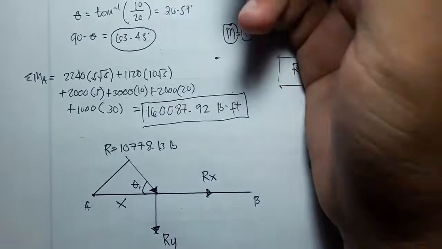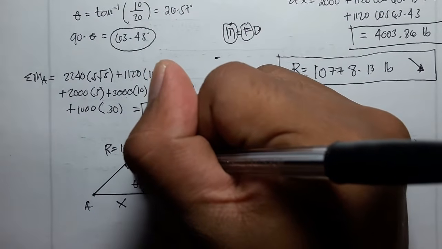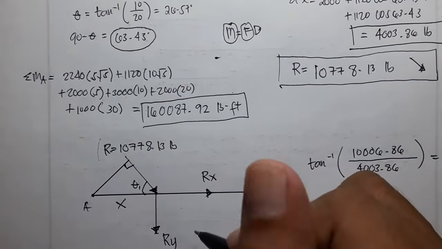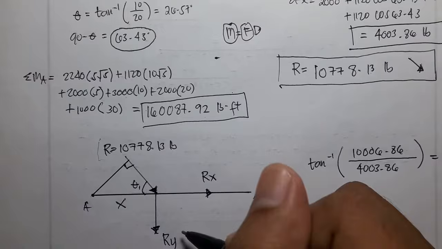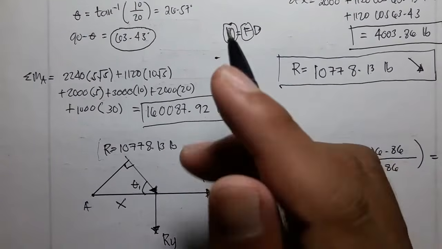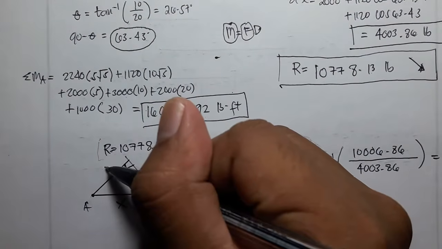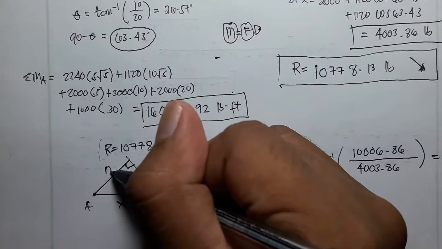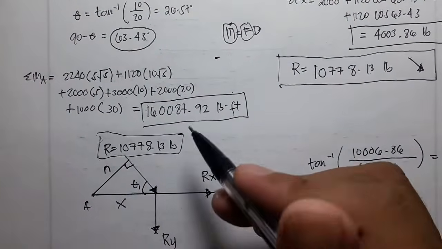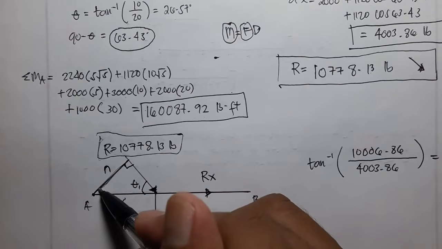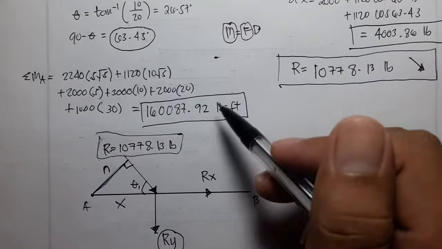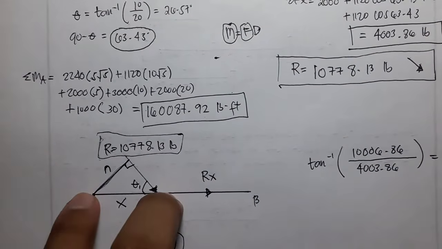So if we use the resultant as a whole without using the sine condition of the resultant, we put this as n, we will be solving this distance. But if we use the y component of the resultant, we will be solving this.